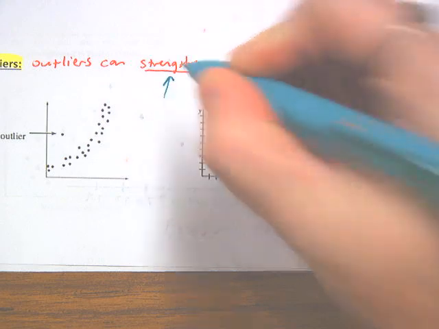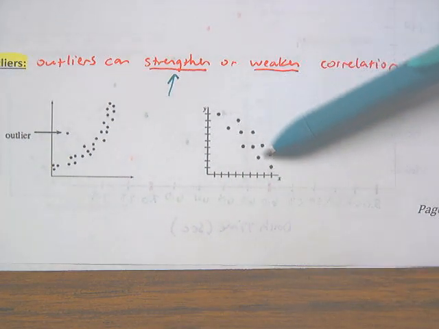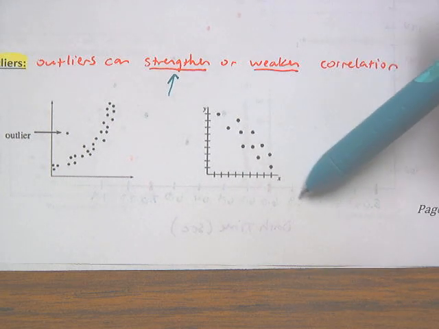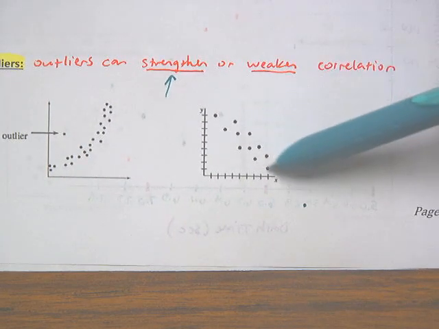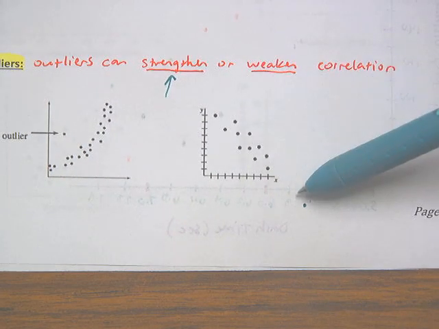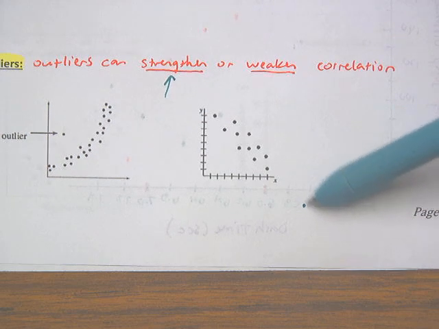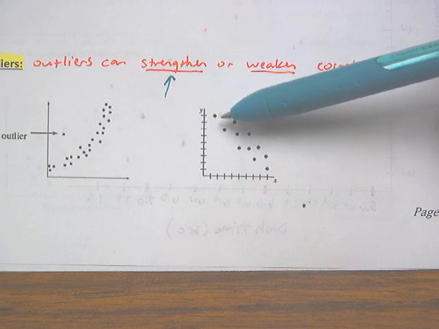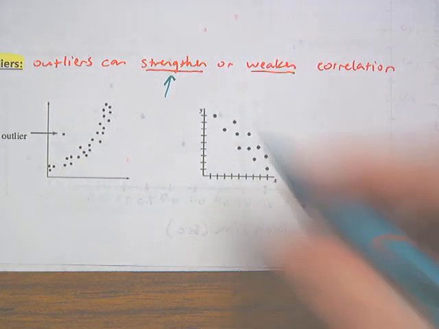So if you see an outlier, let's say, look at this scatter plot right here, okay? And I'm just totally making this up, so bear with me. You see an individual that's way down here, okay? Well, that person is definitely an outlier because they're way far away from everyone else, but it kind of pulls all the dots closer to that line that I would draw through here. So if your outlier falls within the pattern of everybody else, then that would strengthen correlation.